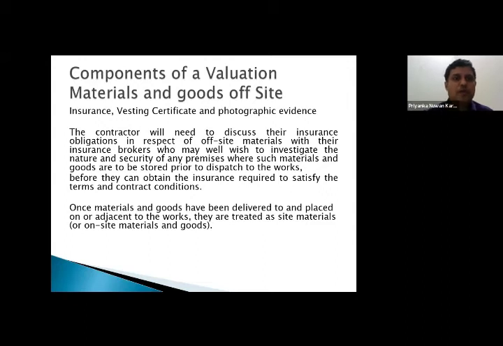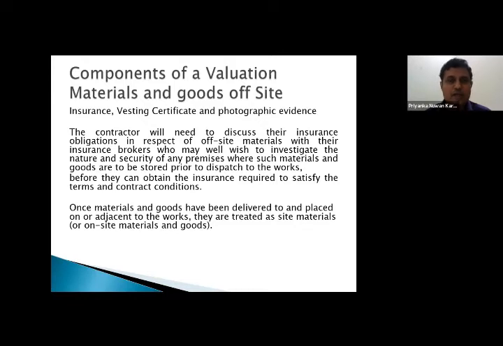Components of evaluation: materials and goods off-site, insurance, vesting certificate, and photographic evidence. You might have seen that in some contracts administered under the Oman conditions of contract, the employer enters into a supplementary agreement with the contractor in order to facilitate the contractor's cash flow.